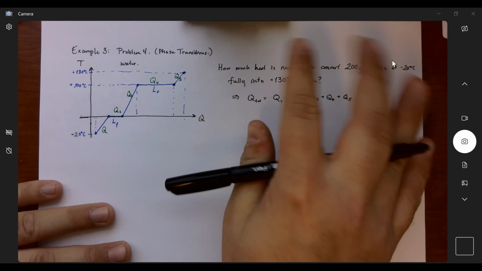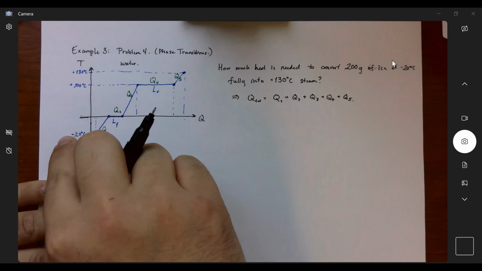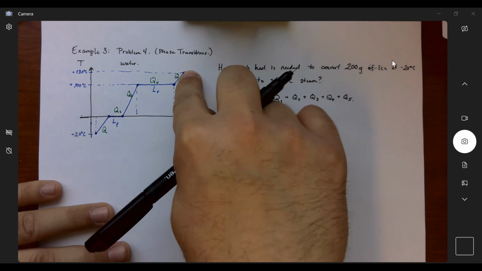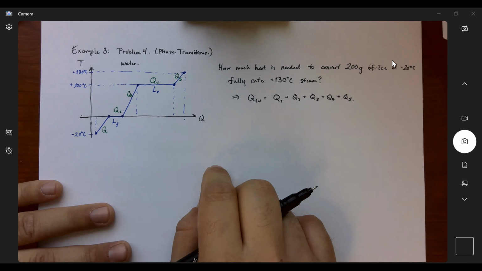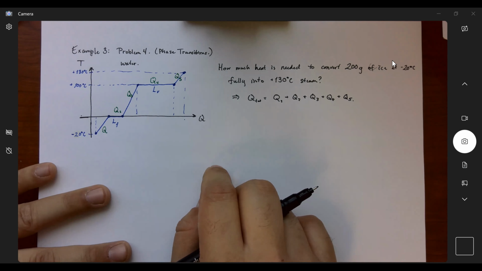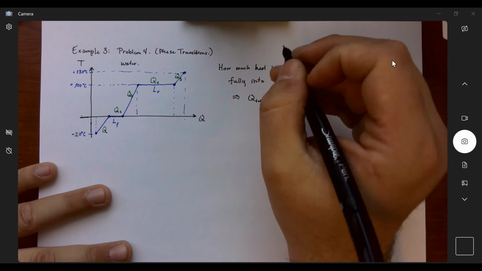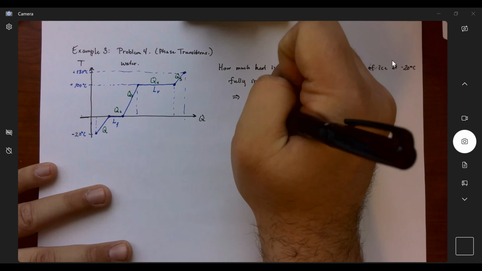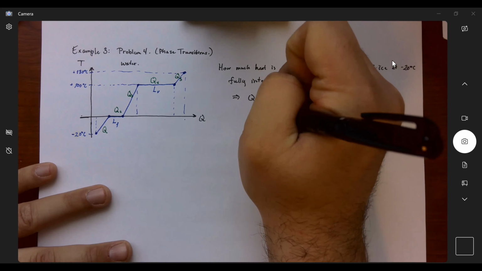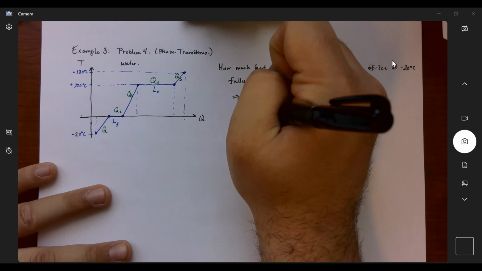But for us, we're fully converting minus 20 degrees Celsius ice into 130 degrees Celsius steam. All right, so let's start. Let's make a note here.